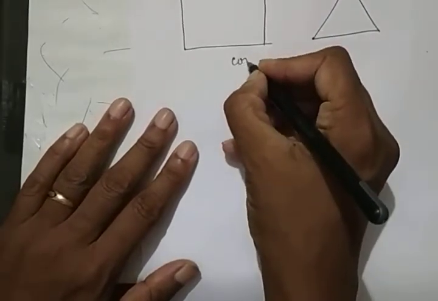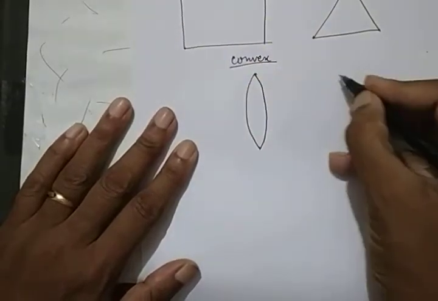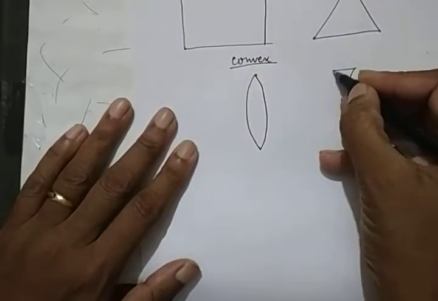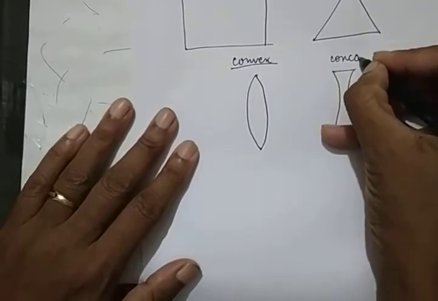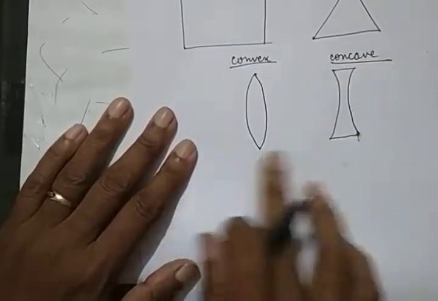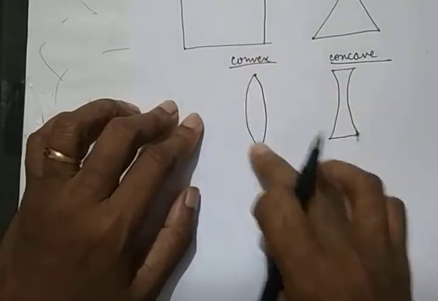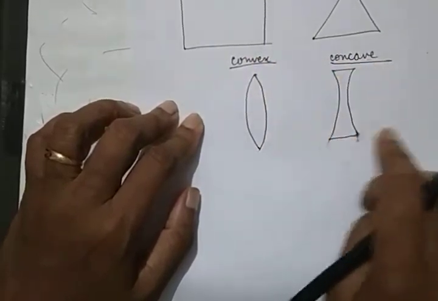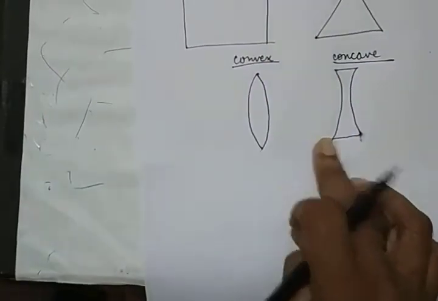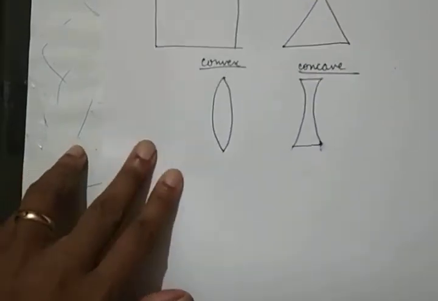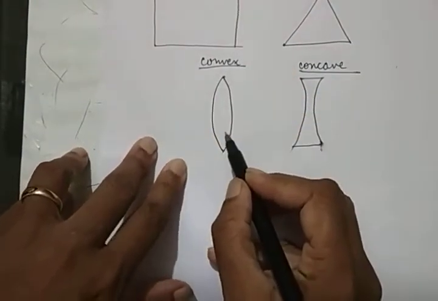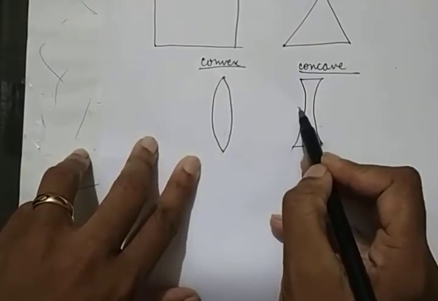This lens is called a convex lens, and there is another type of lens, called a concave lens. These are called spherical because they have curved surfaces, so they are called spherical refracting surfaces. So basically two types, convex and concave.